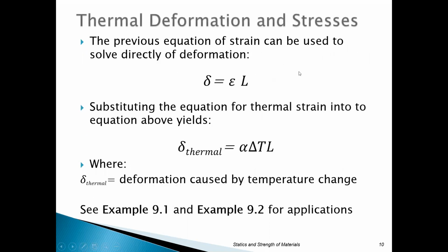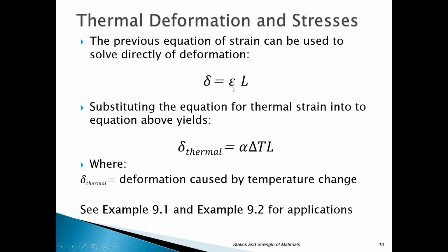So basically what we're saying is we can now solve this for deformation, because by taking the strain equation, we can rewrite it and solve for deformation. We normally think that strain is equal to deformation divided by L. So we can solve for deformation and say deformation, or change in length, is equal to your strain times L. And by substituting the previous equation into this, we get thermal deformation.